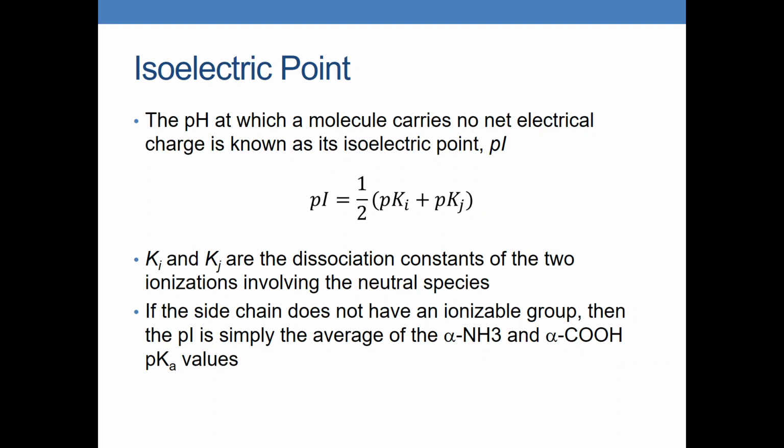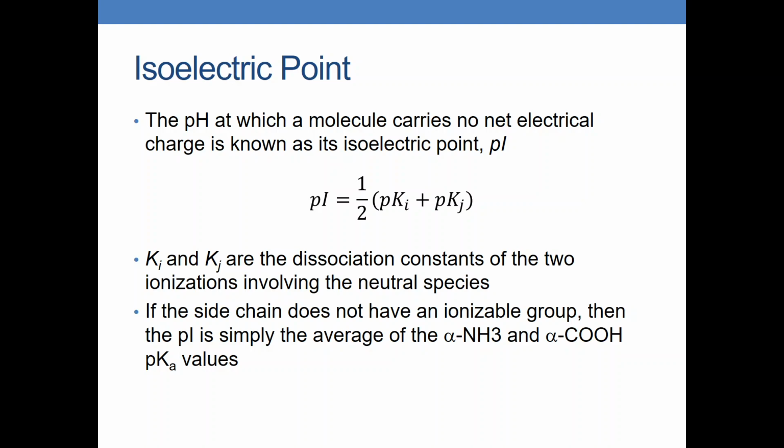There's a species that had a +1 charge, a species that had a net 0 electrical charge, and then a species that had a net negative electrical charge. The pH that maximally populates the species that is neutral, that pH is your isoelectric point.